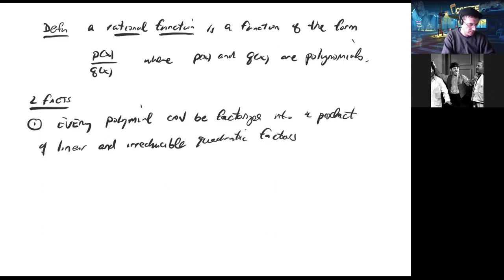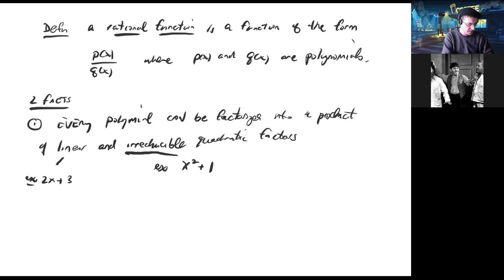So what I mean by a linear factor, well, I'll just give you an example. 2x plus 3, the highest power of x is 1. And what's an irreducible quadratic factor? That would be something like x squared plus 1. You can't break that up any further as a product of linear factors. That is an example of an irreducible quadratic.